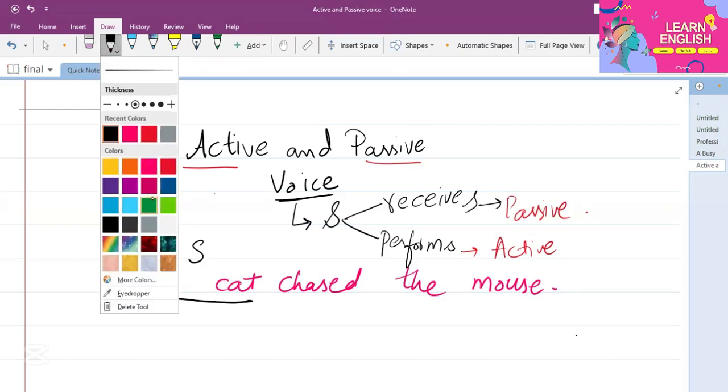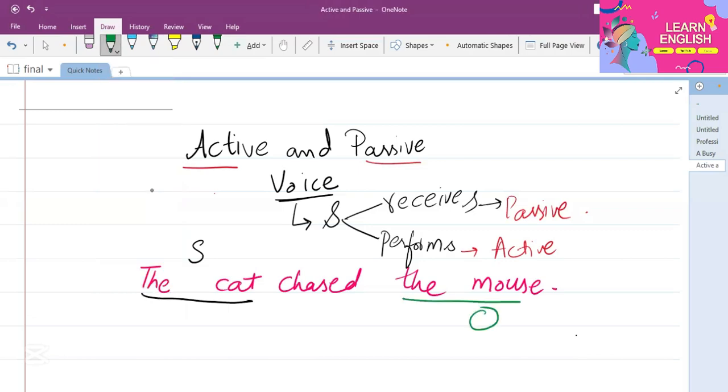The mouse is the object. And we have the verb chased. So this sentence can be divided into three parts, and as we have already said, the most essential component in voice is the subject.